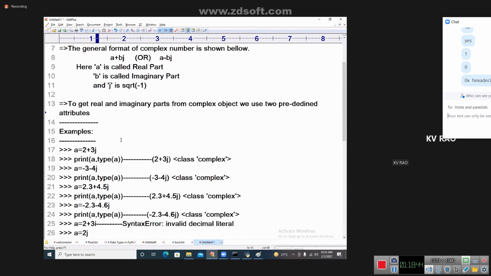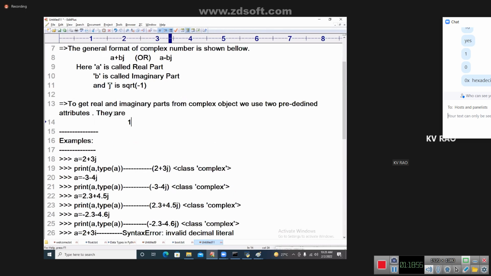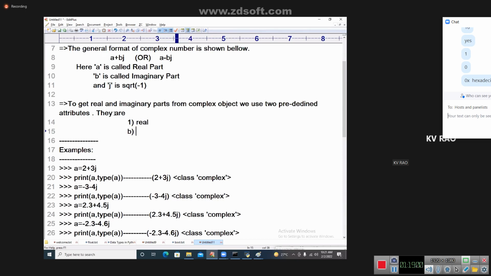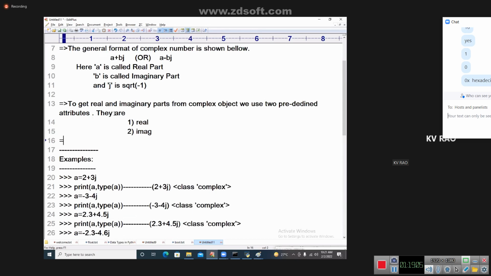To get the real and imaginary parts from a complex object, we use two predefined attributes. The first is real, and the second is imag. What is the syntax? Complex object dot real gives the real part of the complex object.